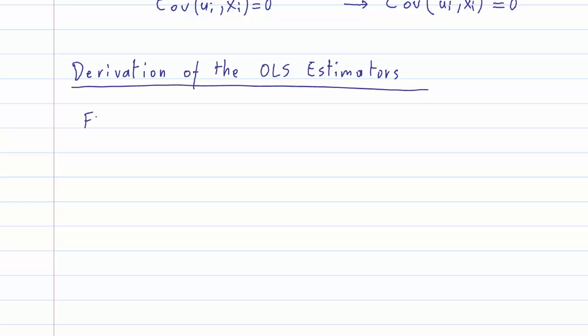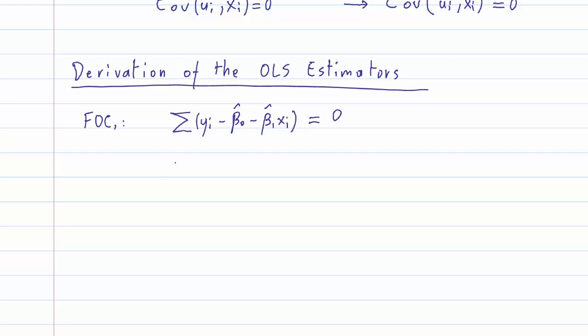The first FOC we had, FOC 1, was that the sum of (yi minus beta 0 hat minus beta 1 hat xi) must be 0.